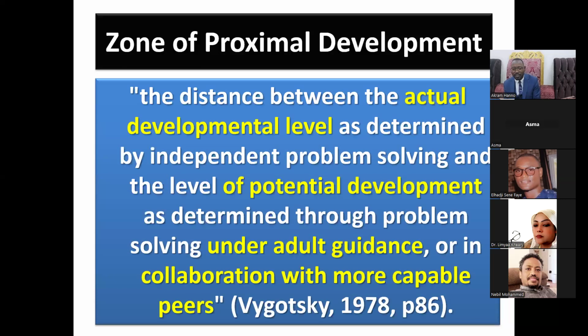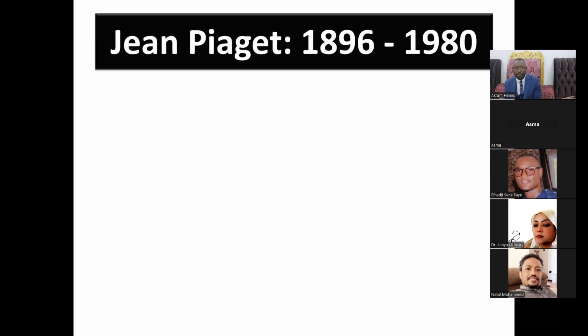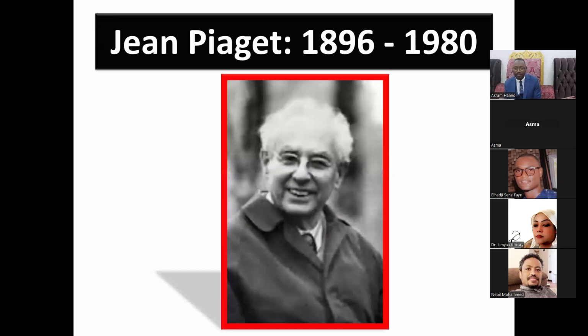That was 1978. He was young. I think he died in his late 30s. Again, Piaget, 1896 to 1980, as you can see here.